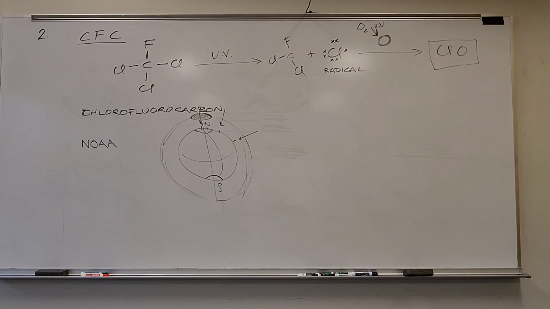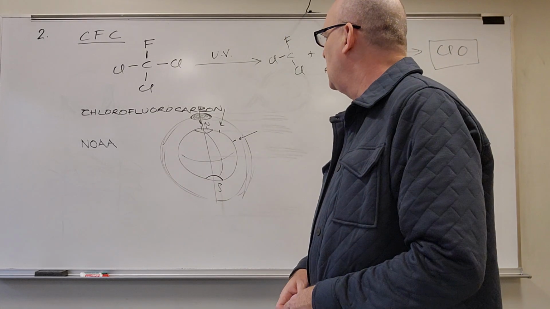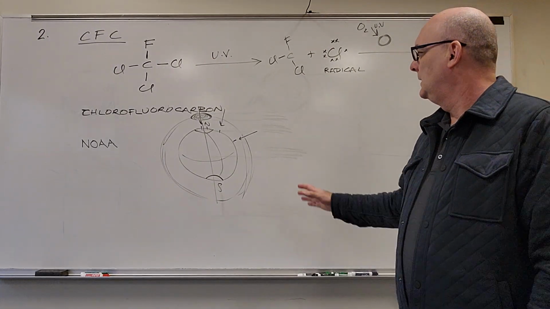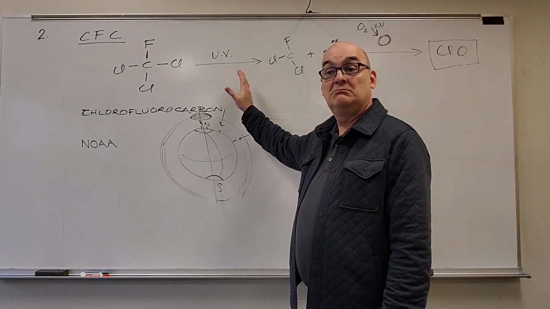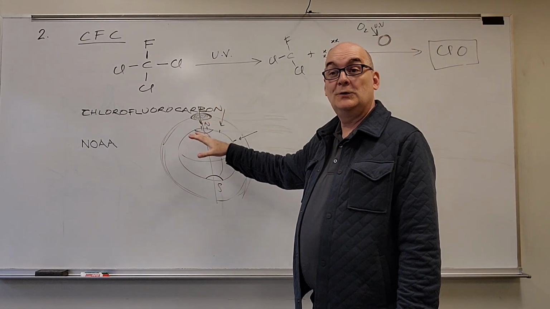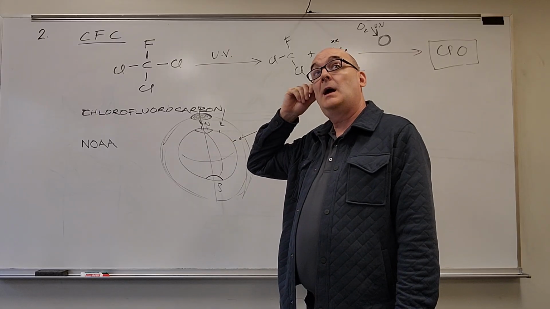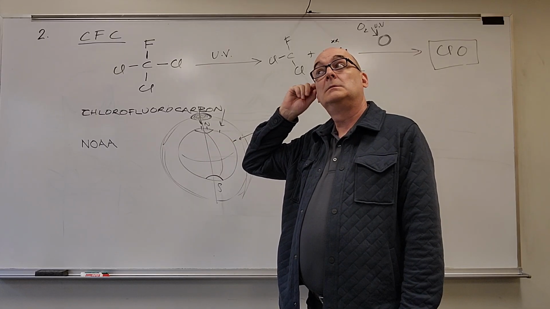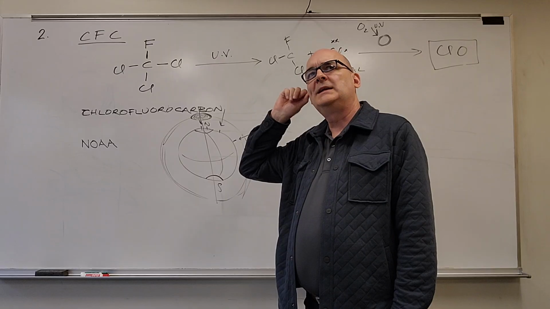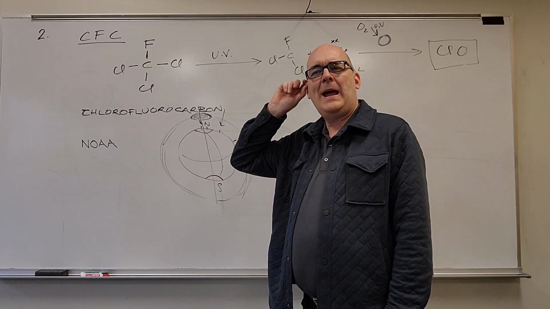So if we had satellites, and satellites could see, and they had infrared sensors, they'd be able to see ozone. And then by the time that we're in the 80s, 90s, we have maps.